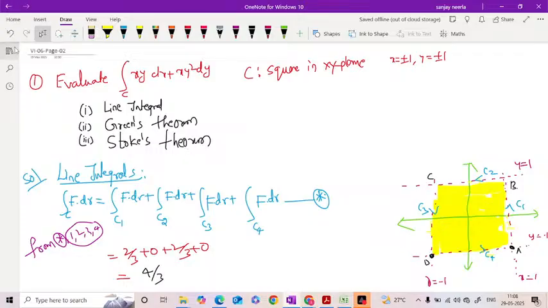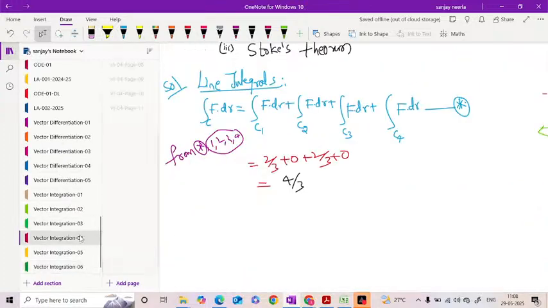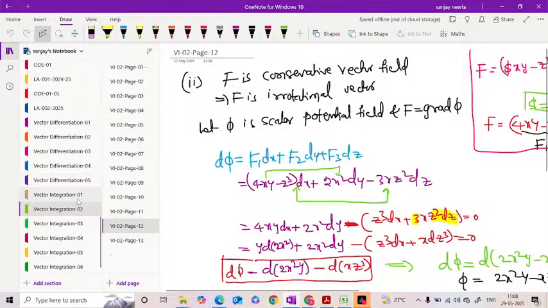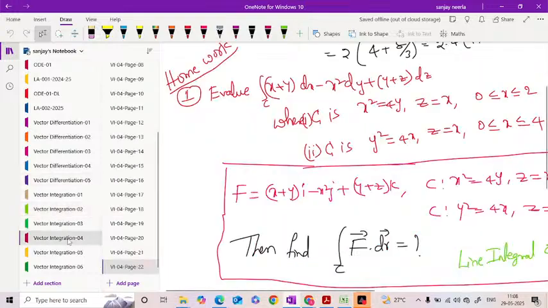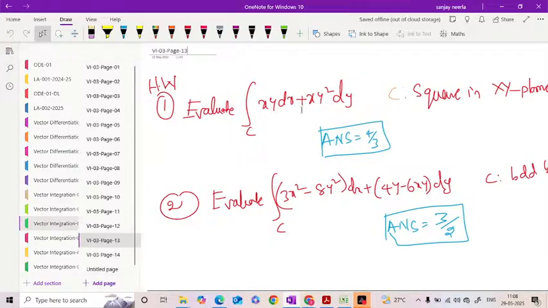Now, what is the previous homework problem in Green's theorem? Okay, so this is the previous homework problem.